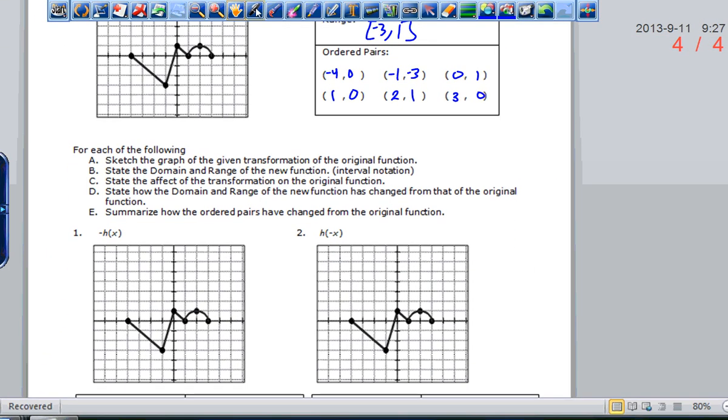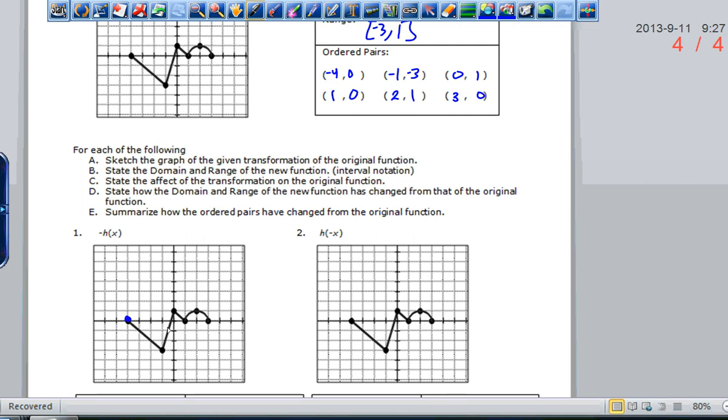Okay. If it gives us our original, how does the negative change everything? Negative on the outside. How does it change it? Put it over the x-axis. So does my first point change at all? No. My next point definitely changes. I'm going to go ahead and plot that one.